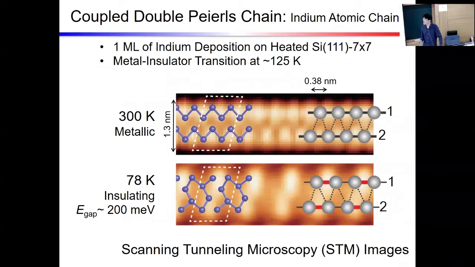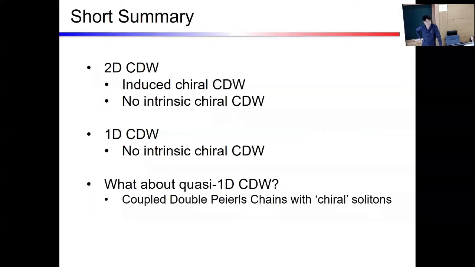introduce. Yeah, sure. So the question is, you said in 2D CDW some other group demonstrated they can induce so-called induced chiral CDW. But what you explained in the previous slide is just that the system becomes chiral; they didn't check whether this chirality comes from CDW or is related to CDW. Oh, that's a good question.